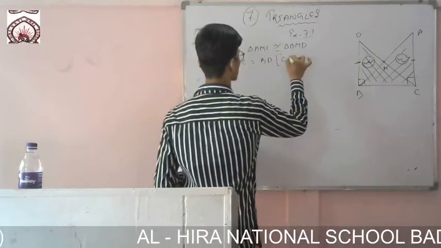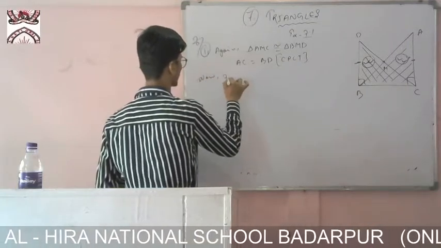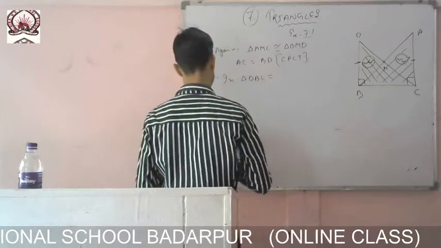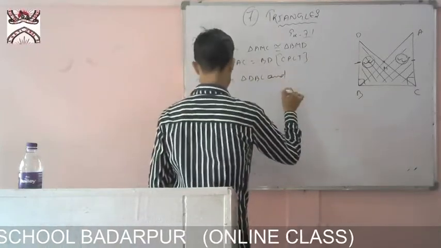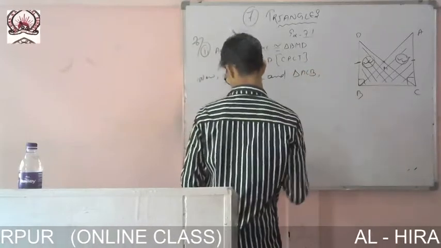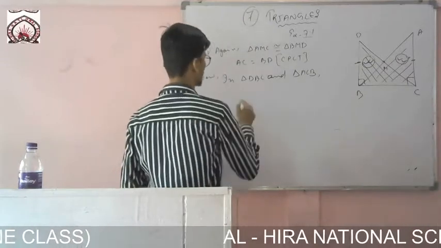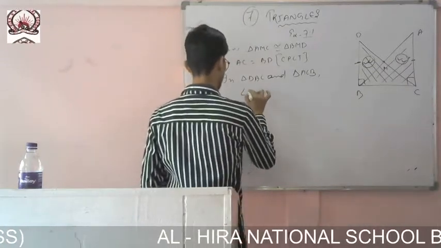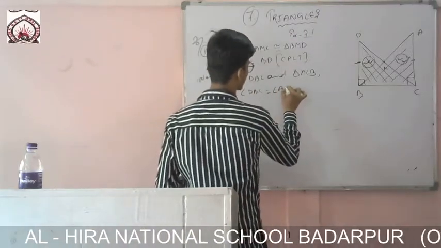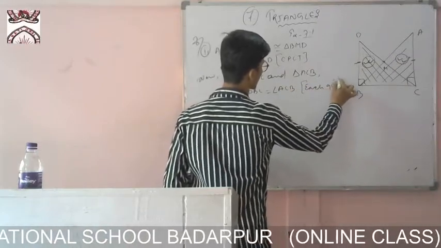CPCT. Now in triangle DBC and triangle ACB: angle DBC we have just proved is 90 degrees, and angle ACB is given in the question as 90 degrees. So you write each 90 degrees.